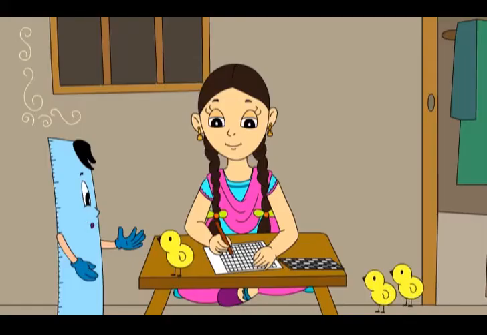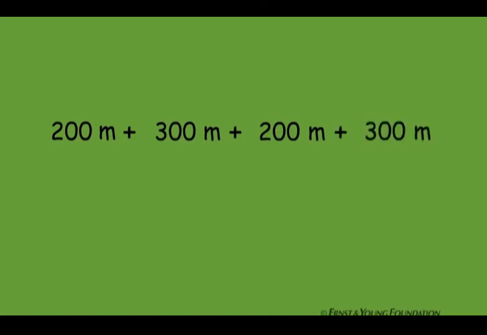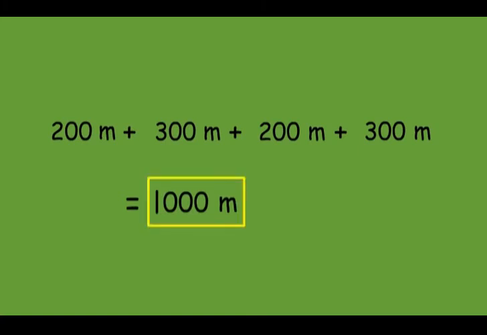I will add this. It is 200 meters plus 300 meters plus 200 meters plus 300 meters is equal to 1000 meters. So, one side of the jungle was 1000 meters.